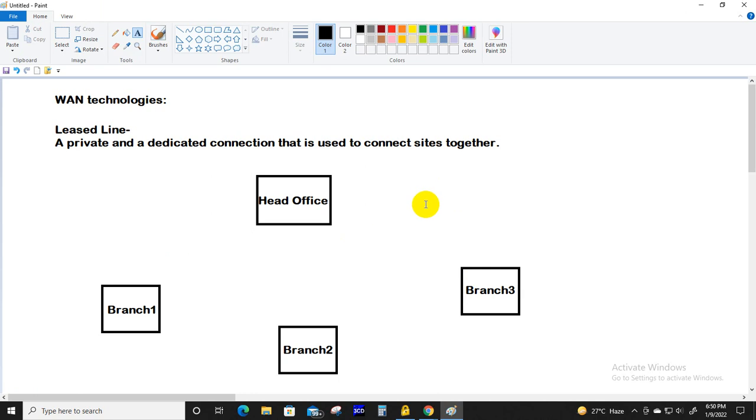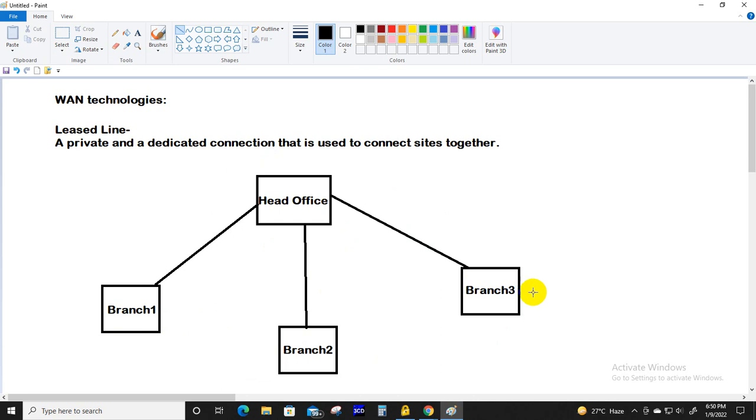Now you want to connect all these branches to your head office using leased lines. Suppose your head office is in Kolkata and your branches are in Delhi, Mumbai and Chennai.